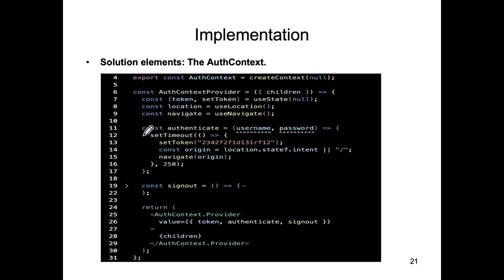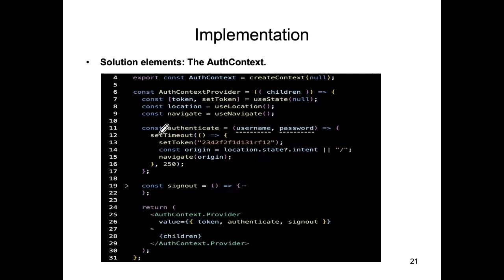Now, in real life, this function would probably make a fetch call to the backend, passing the username and password, and that backend functionality would do the validation and eventually return a valid token if the combination was correct, otherwise return some sort of error message. But we don't want to get bogged down in that kind of detail.